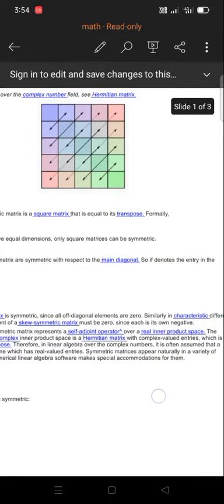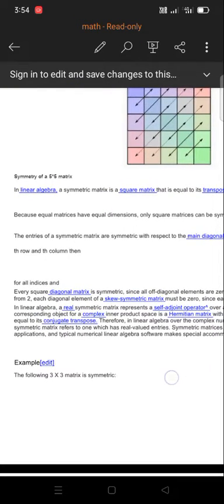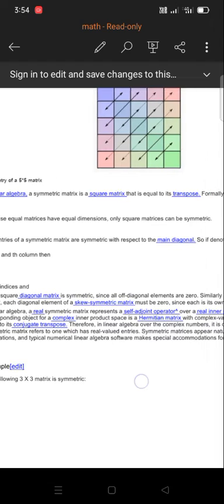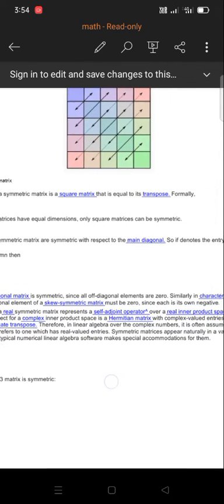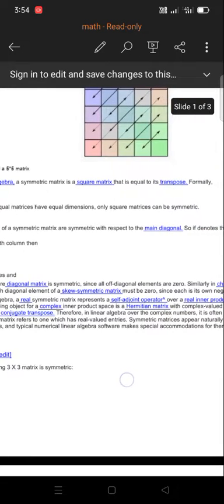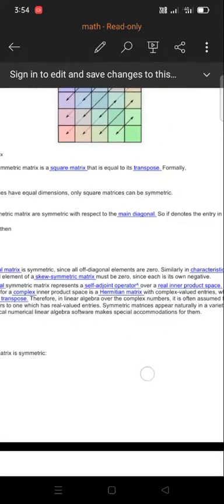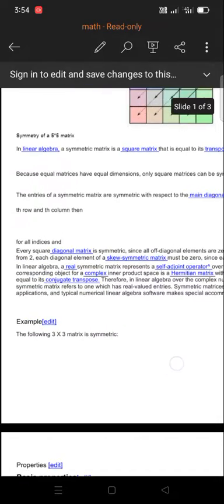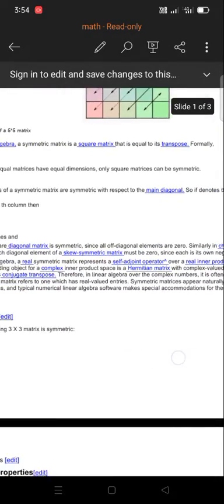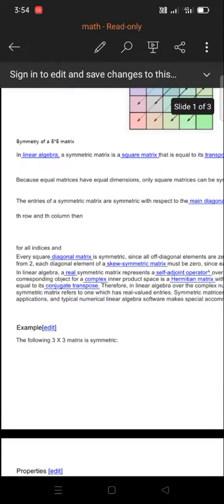Similarly, in characteristic different from two, each diagonal element of a skew-symmetric matrix must be 0, since each is its own negative. The corresponding object for a complex inner product space is a Hermitian matrix with complex-valued entries, which is equal to its conjugate transpose.